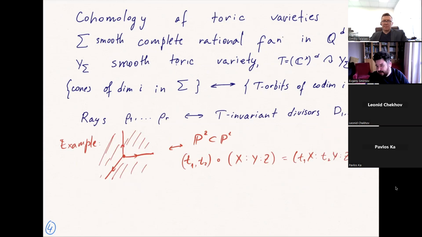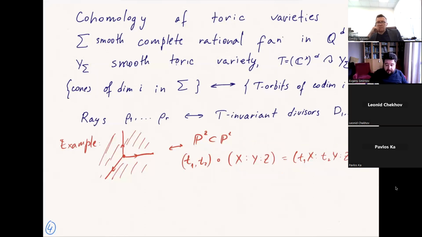And in this case, I can take any point of P2 with non-zero coordinates into any other point of P2 with non-zero coordinates, just multiplying them by suitable T1 and T2, and I define them up to proportionality. So I can multiply them simultaneously by some scalar.